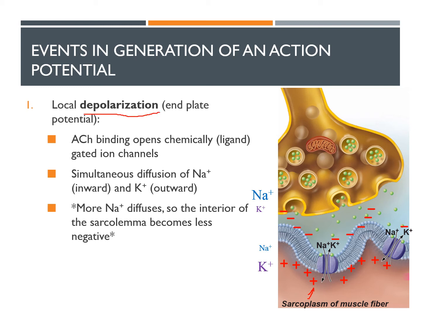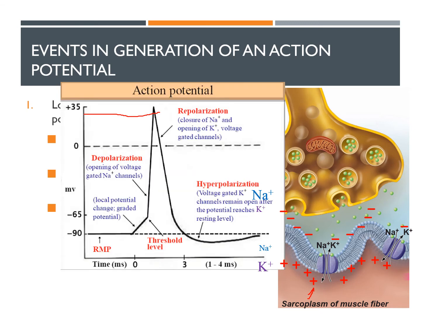A depolarization. So what's basically happening here, if we look at charges in particular, is when we have a resting membrane potential, this is before acetylcholine has been released from the axon terminus, if we measure the resting membrane potential of this muscle cell, it's minus 90 millivolts.